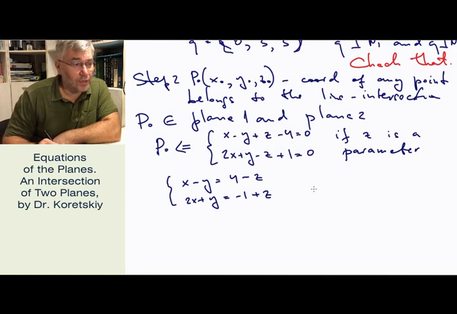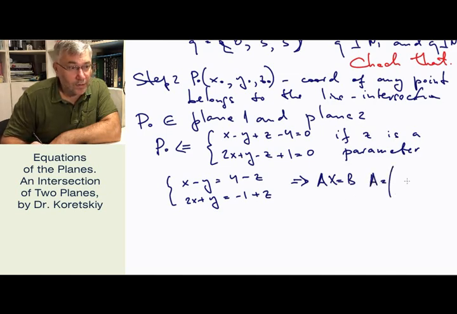So we can find x and y through Cramer's rule. We turn this into matrix form, and A consists of the coefficients in these 2 equations: 1, minus 1 and 2, 1. And vector B consists of the elements on the right hand side of these equations, so it is 4 minus z and minus 1 plus z.